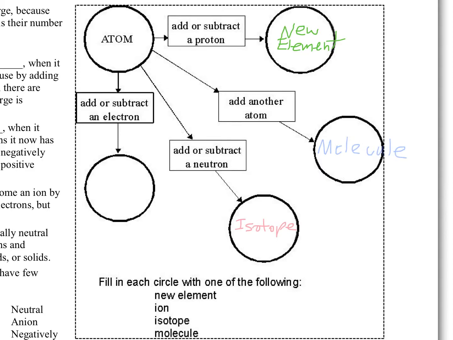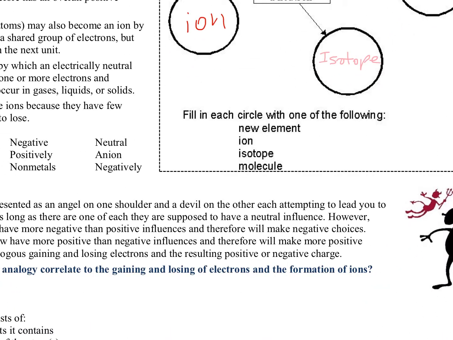And then what we just learned is if I add or subtract an electron, I get an ion. All of these can be done to one atom. Okay? And we could do more than one at the same time. The number of neutrons and the number of electrons could be different from the most stable neutral atom. So these are independent changes to the atom. You can do all of them too.